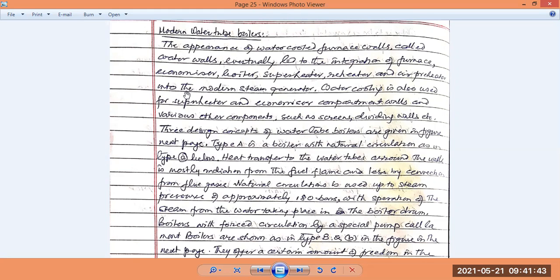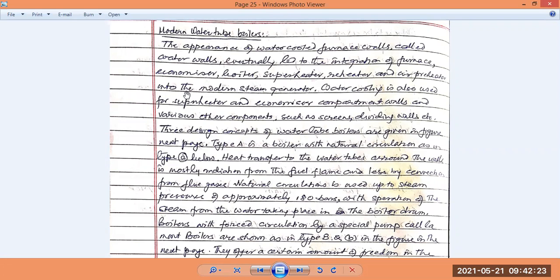So a water tube boiler may have a lot of different components: superheater, economizer, reheater, air preheater, the boiler itself, all these things. Water cooling is also used for the superheater and economizer compartment walls and vapor reservoir walls.